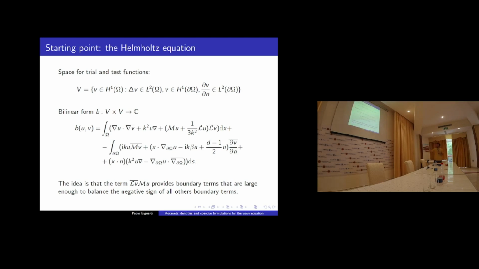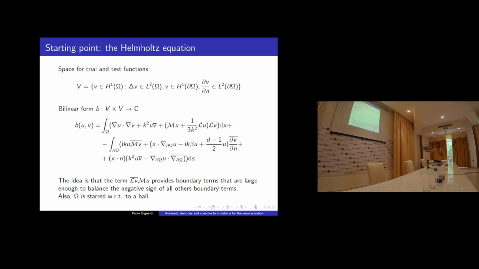Although for the boundary term, there's a nice thing, because if we compute explicitly this mu times LV conjugate, this gives some boundary terms which, in a sense, cancel out the negativity of this term here. So, globally, the whole bilinear form turns out to be coercive. There's also a technical condition, which is that the domain omega needs to be star-shaped with respect to a ball. That's just a technical condition.